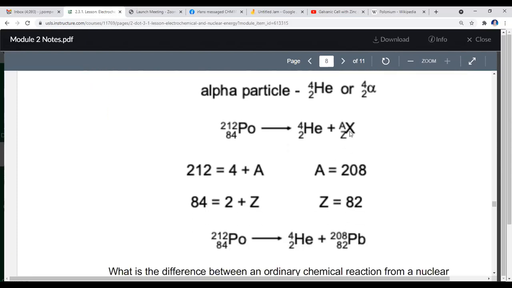So to know this atom, this X atom, you need to balance the mass numbers. So 212 minus 4 should be 208. So we're looking for an X element which has a mass number of 208. Then 84 minus 2 should be 82. So it should have an atomic number of 82.